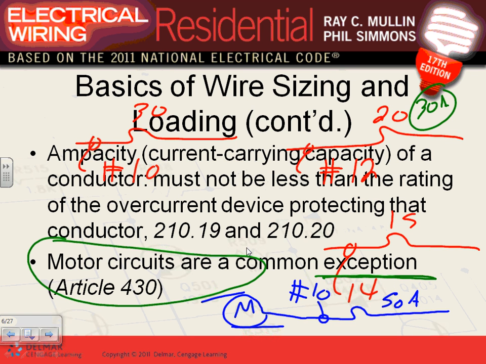This is the only exception, okay on motors and a couple of other equipment. I promise you, when we go to 310.15(B)(16), I'll walk you step by step through how to use this table. That's the single most important thing: how to use Table 310.16. Any questions, guys? But generally speaking, you cannot put an overcurrent device on a conductor that allows the conductor to be overloaded.